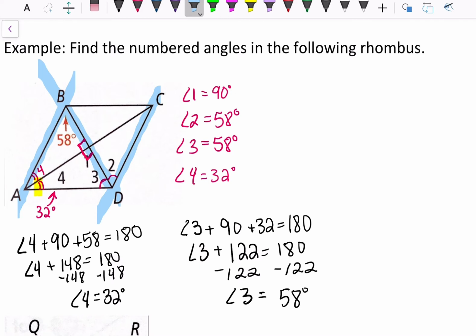Notice that the angle marked with the 58 degrees and angle 2 are alternate interior. And if we have parallel lines, which we know we have because this is a parallelogram, then we know alternate interior angles are congruent. So it makes sense that angle 2 turned out to be 58 degrees.